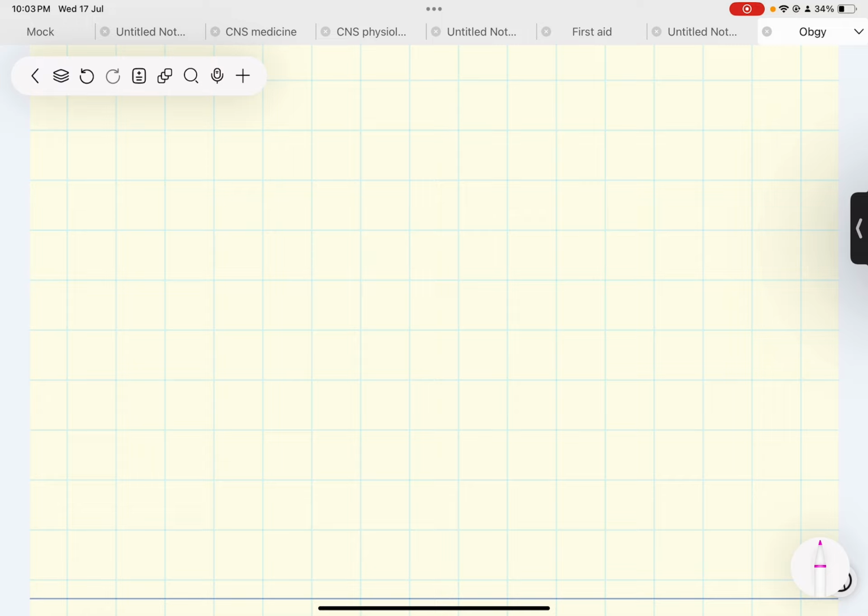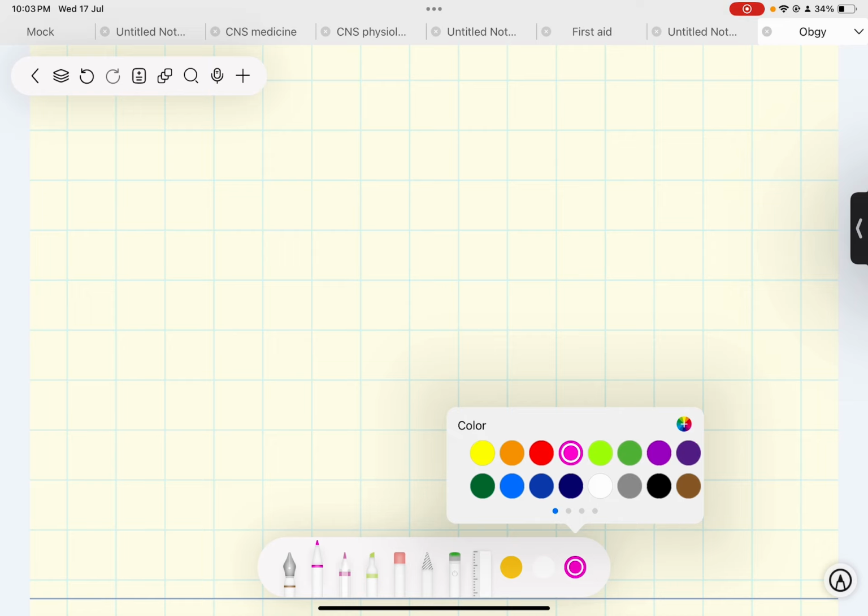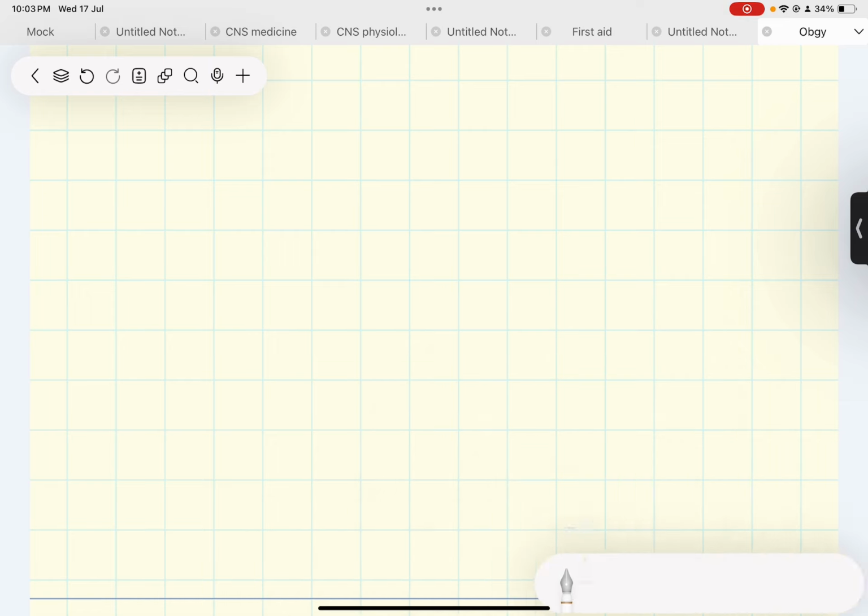So let's see. My drawing here won't be that good, so you just have to understand it. So if this is a baby, you can imagine this is the skull.